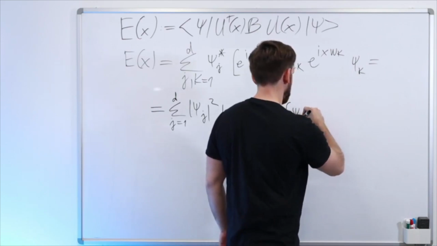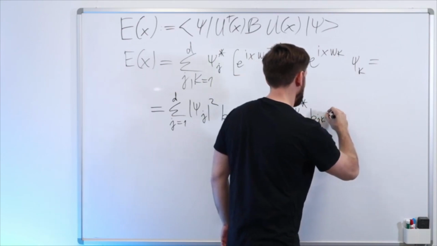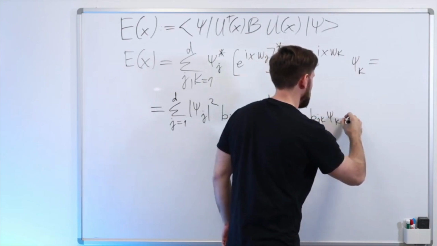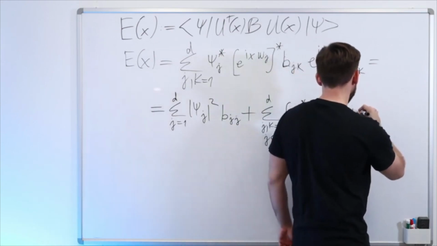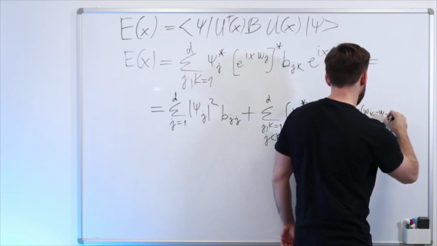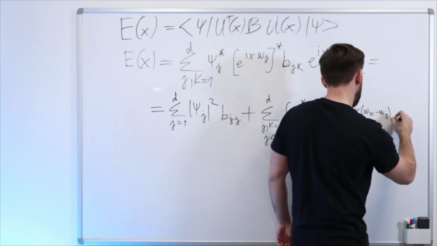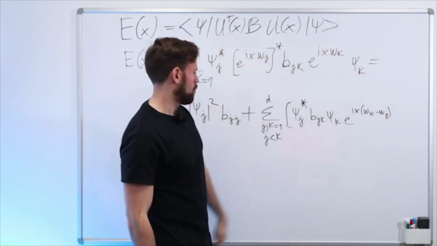So we will have psi j conjugate times b jk times psi k, and we have the x-dependent term, which is going to be e to the power of ix times omega k minus omega j, where we have performed the conjugation from there.